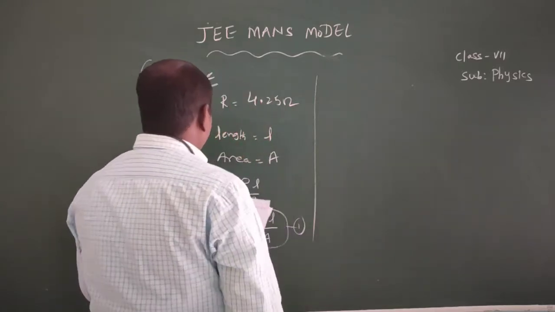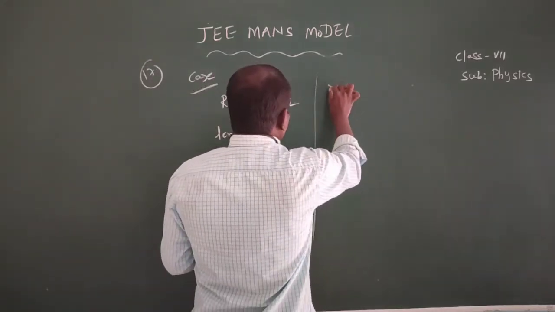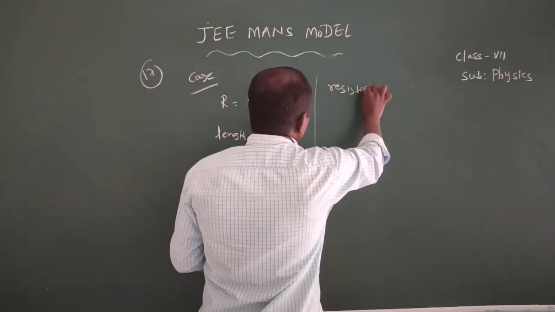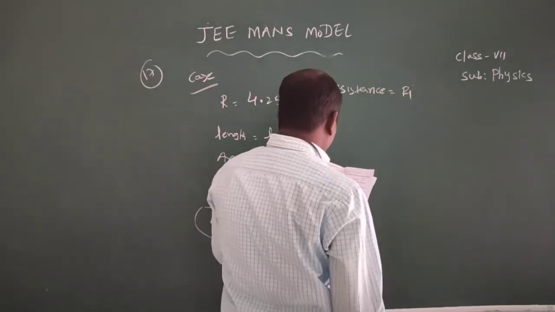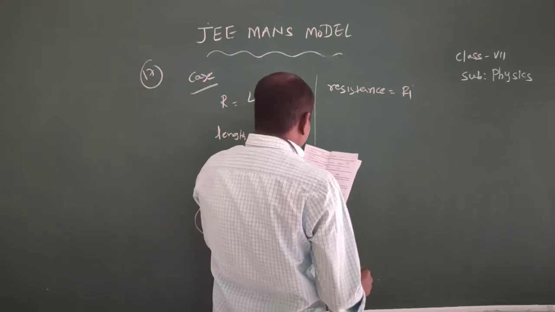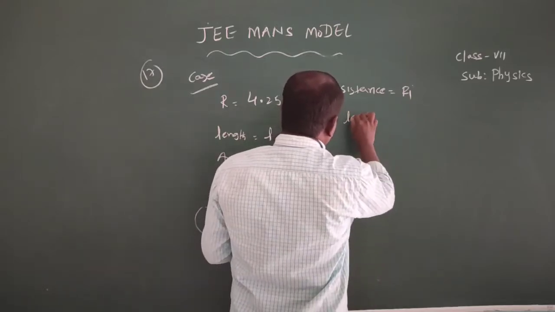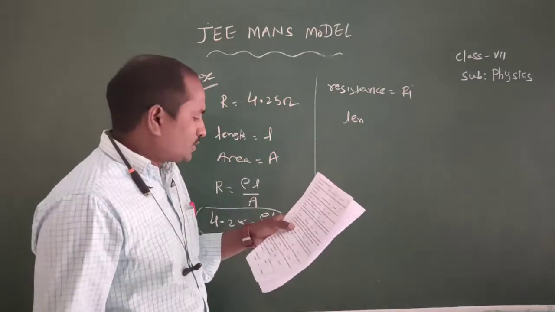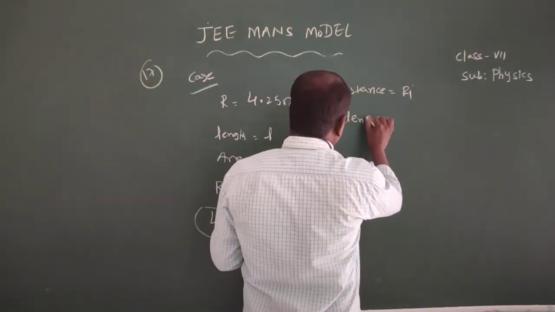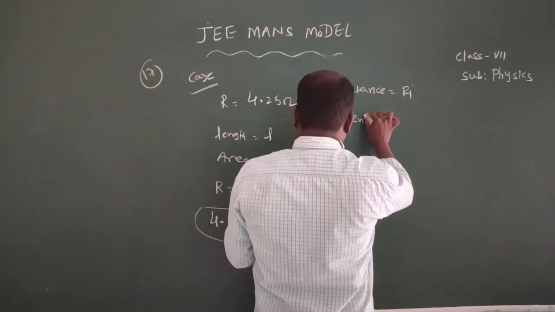In the next case, resistance equal to R1 and length is increased by 4 times compared to the initial position, so the second wire length is increased by 4 times. So length equal to how much?